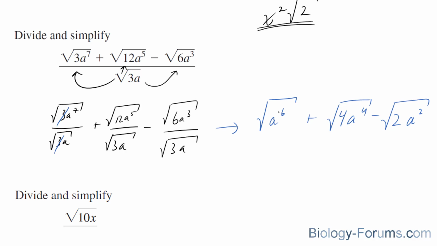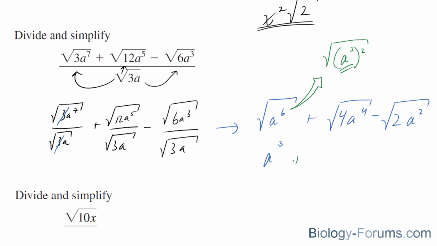A to the power of 6 square rooted is equal to a to the power of 3. And in case you're wondering as to why that is, keep in mind that a to the power of 6 can be represented as a to the power of 3, to the power of 2. Right? Because 3 times 2 is 6. And the square root of any squared term gives you a to the power of 3.